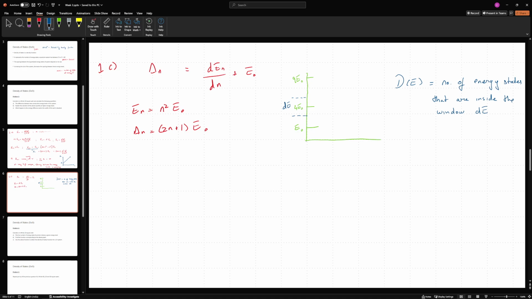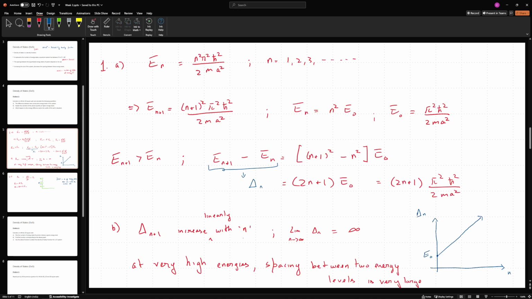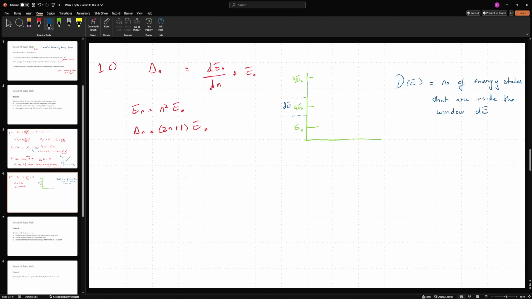As I go to the second energy state, I will need a window that is at least 3 E naught, starting from E naught. So as I'm moving this, my window needs to become bigger and bigger to capture at least one state, because as pointed out here, as the energy increases, the spacing between them also increases.